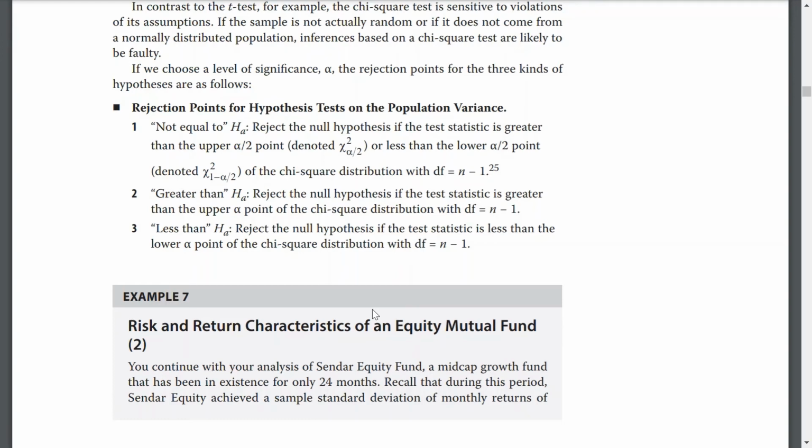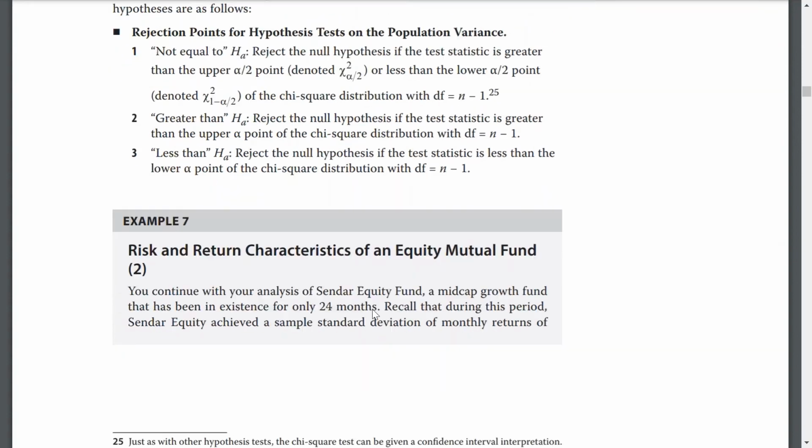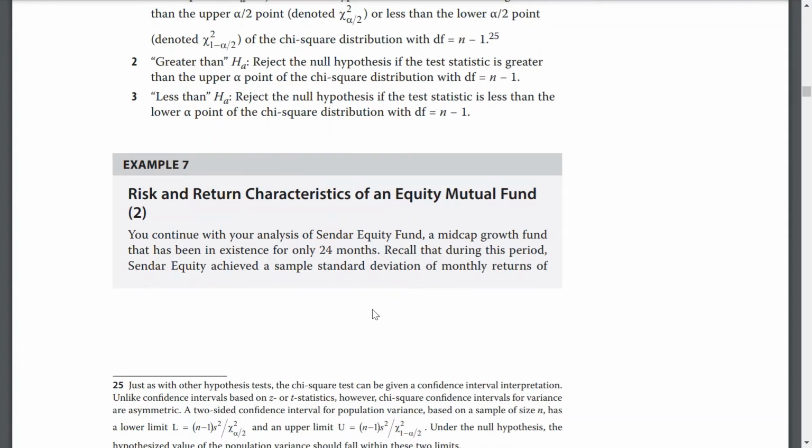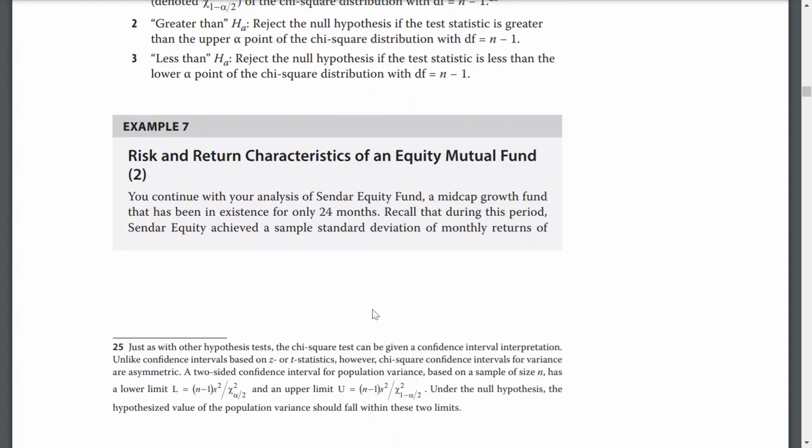Example 7, risk and return characteristics of an equity mutual fund. You continue your analysis of the Standard Equity Fund, a mid-cap growth fund that has been in existence for only 24 months. Recall that during this period, Standard Equity achieved a sample standard deviation of monthly return of 3.6%.